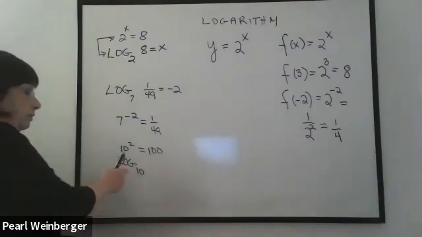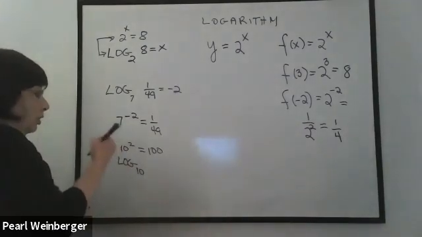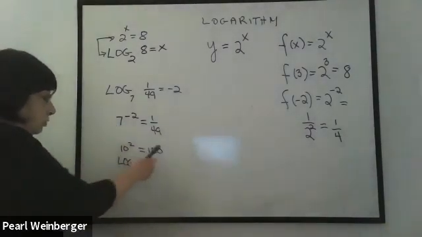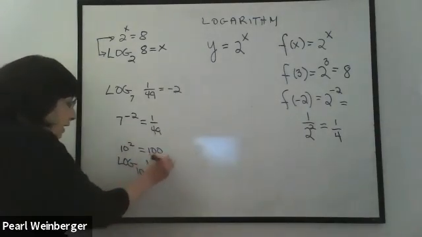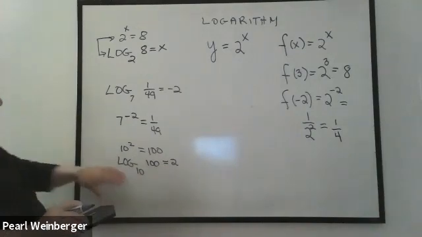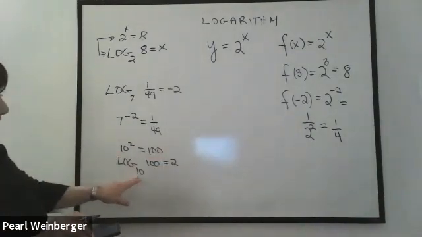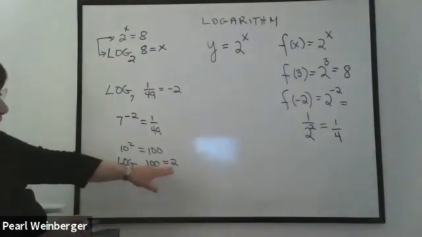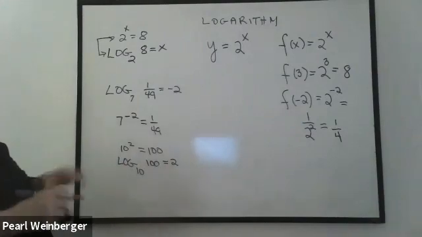The number that goes next to the word log is the final answer, which in this case is 100. And that has to equal the exponent, which is 2. Again, log base 10 of 100 equals 2 means that if I take the base 10 and put it to the exponent 2, it's going to give me 100, which of course we know.